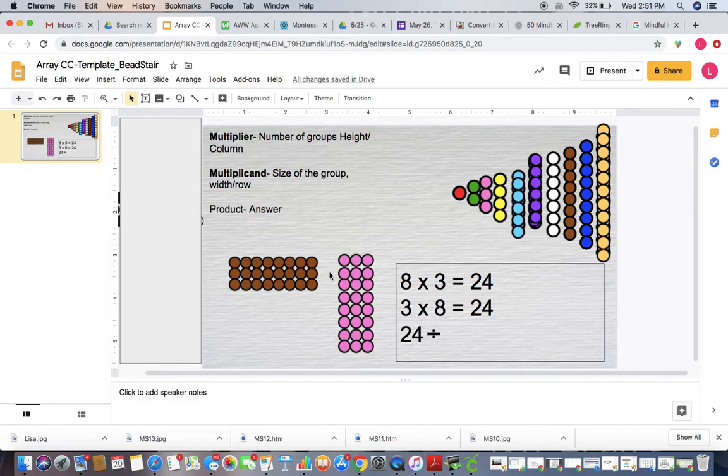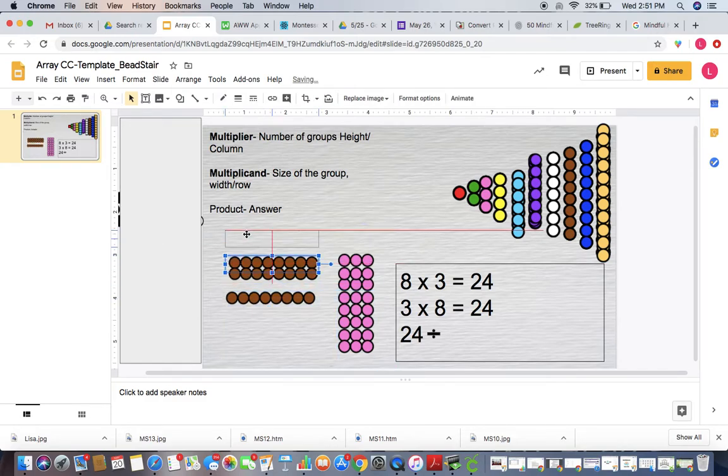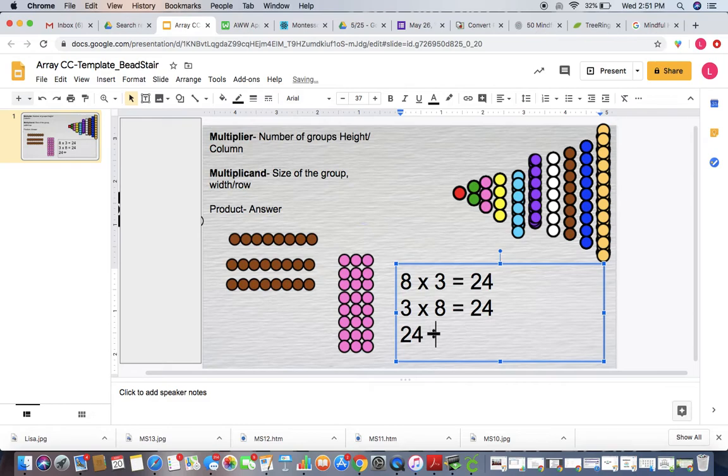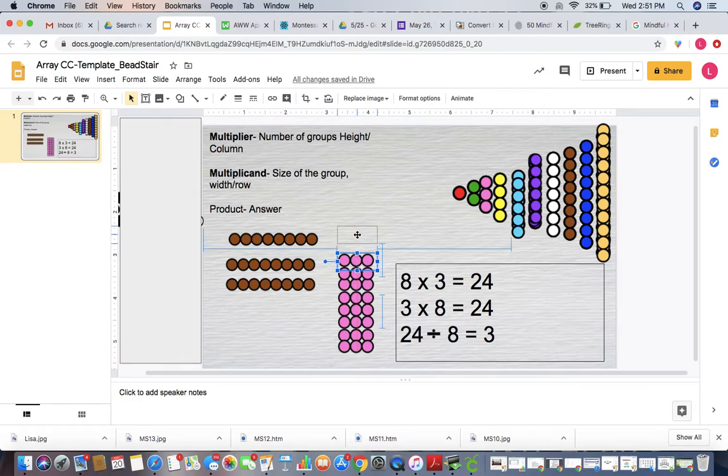So here we have a total of 24. And if I divide it by 8, that means I get 3 groups of 8. So that means 24 divided by 8 equals 3. If I take this array of a total of 24 and divide it by 3, I get 1, 2, 3, 4, 5, 6, 7, 8.